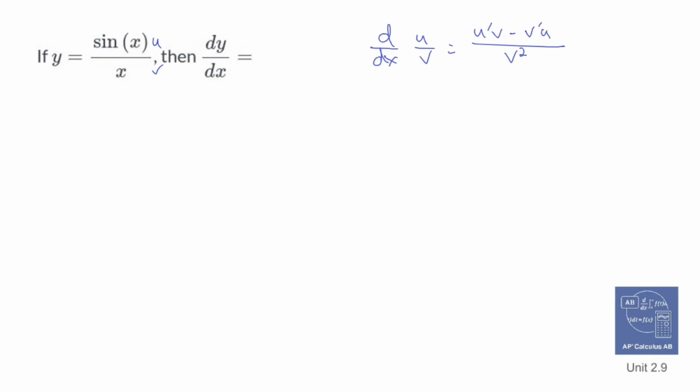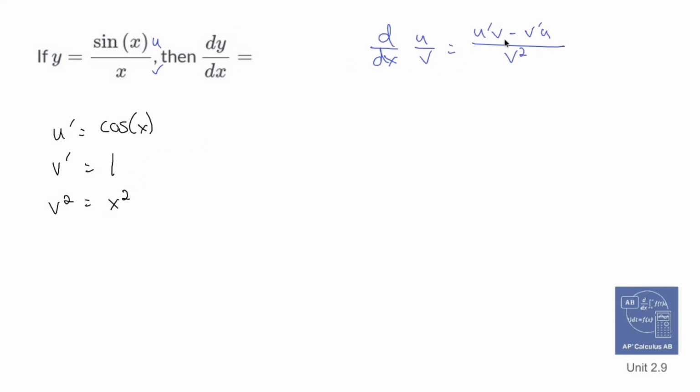So what I like to do is go off to the side. U is sine x, v is x, so u prime would be the derivative of sine x, which is cos x. V prime is the derivative of x, which is just 1, and v squared is going to be x squared. Nothing crazy, nothing fancy.